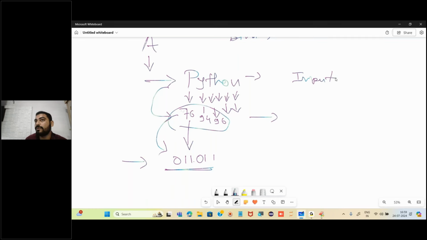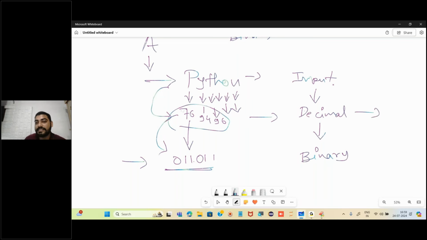Directly it is not converting. We are converting this input into decimal values, I will tell you what a decimal value is, then this decimal value will convert into binary value. And who can understand binary? The system can understand binary. So it is like an intermediate process.